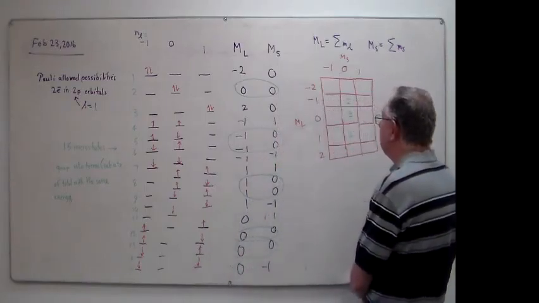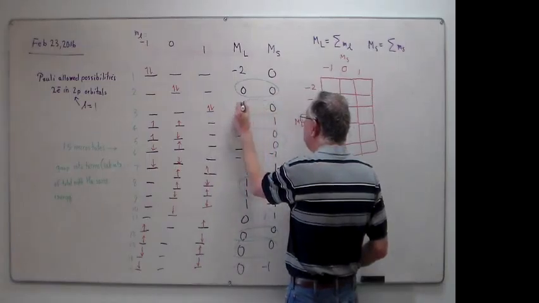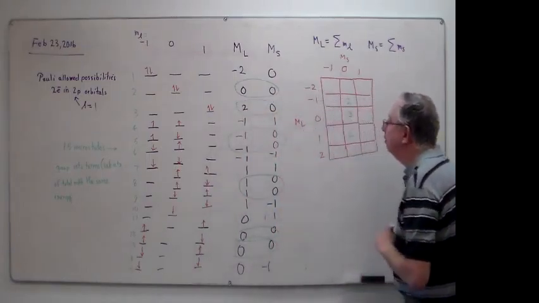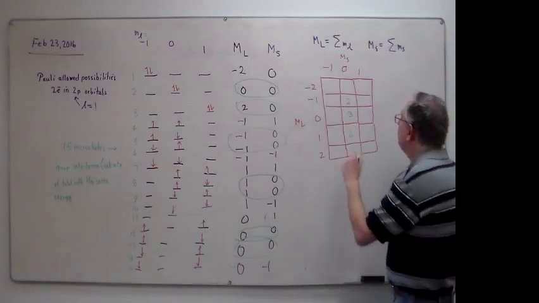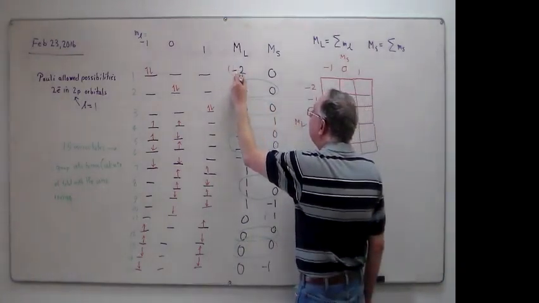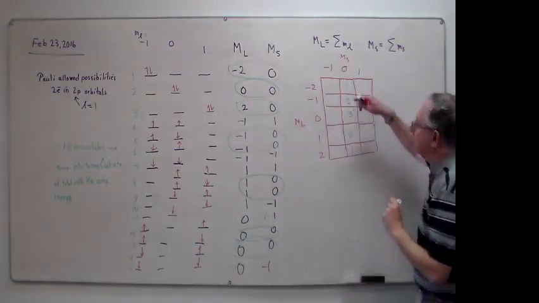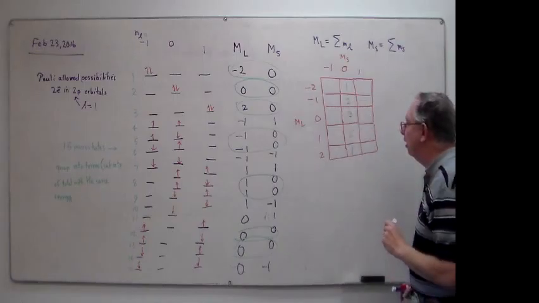Okay, how many have 2, 0? 2, 0 is going to be one of those. How many have -2, 0? One of those. You're starting to see some symmetry in this, aren't you?